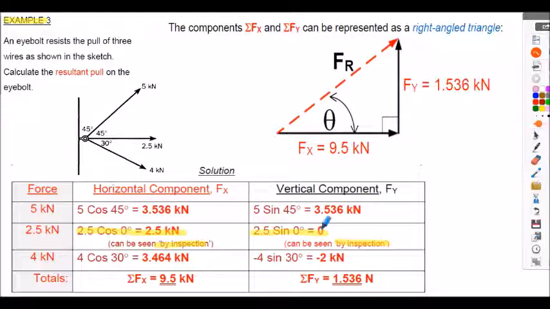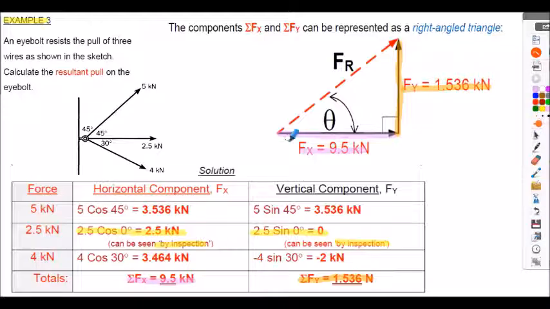And what I've done next is to take the summation of the x components, 9.5 kilonewtons, and I've drawn it on my triangle here from left to right in a positive sense. So that's the Fx is 9.5 kilonewtons. And on the end of that, I'm drawing the summation of the Fy components of 1.536 kilonewtons, and I'm drawing that vertically up in its positive sense. Fy is 1.536 kilonewtons.